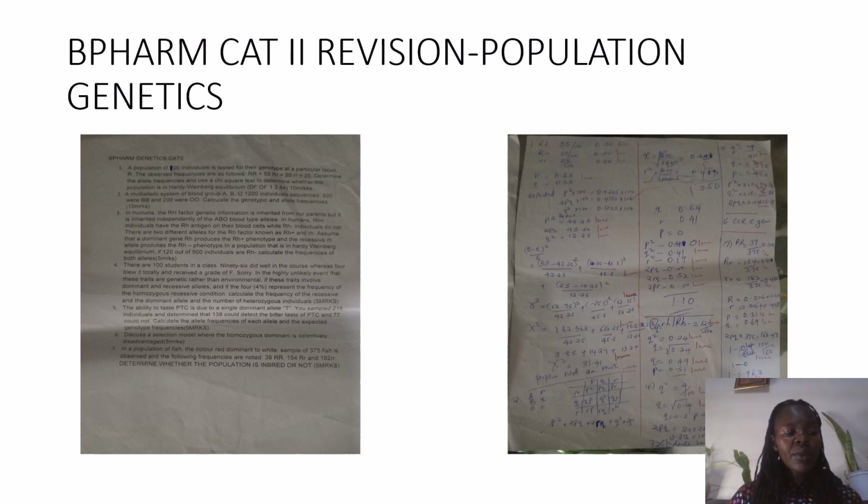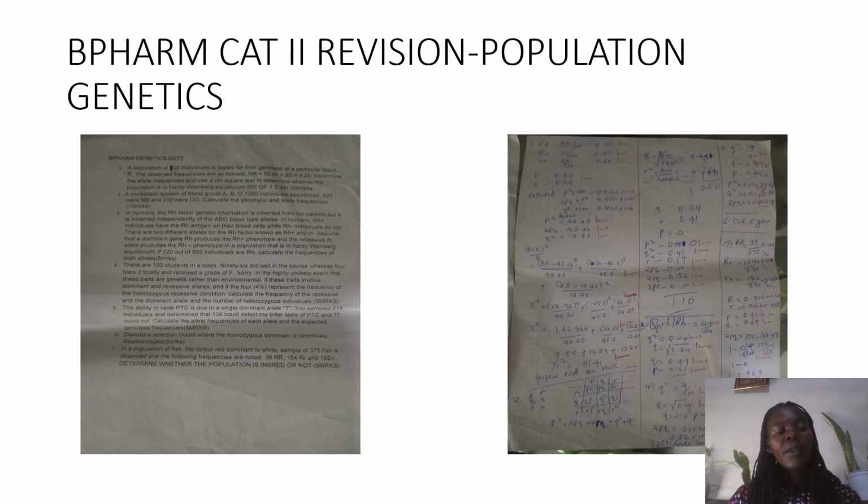We go straight away. Put 39 over 375. You'll get 0.104. 154 over 375 for heterozygous, you'll get 0.41. Homozygous recessive, you do 182 over 375. You'll get 0.485. That's already earning some marks. Then get the allele frequencies.